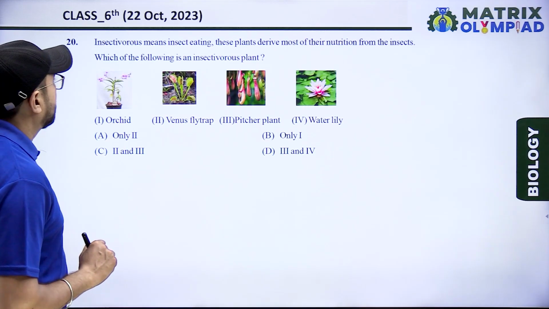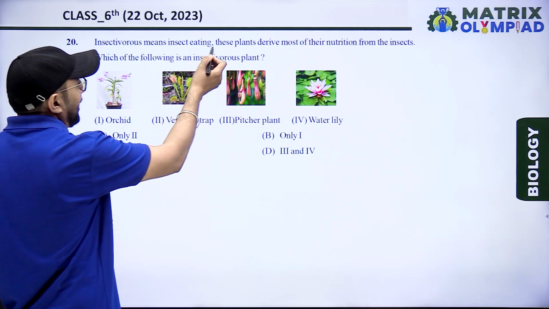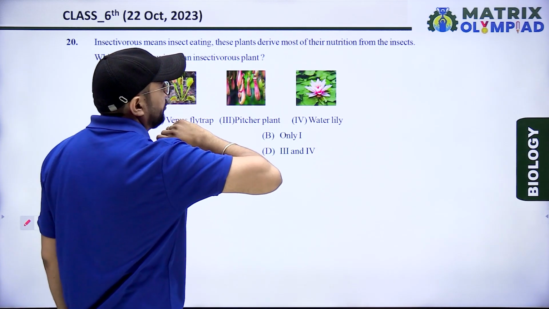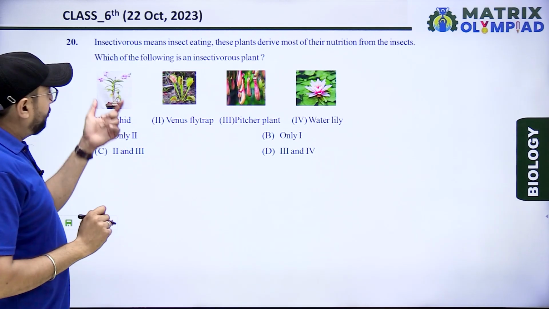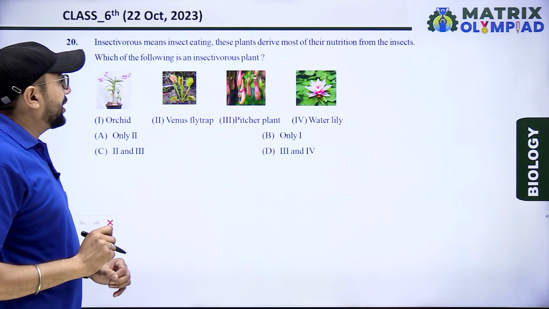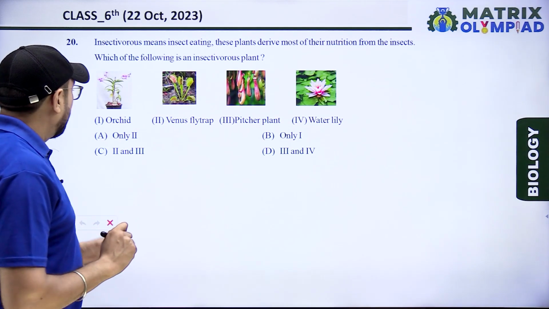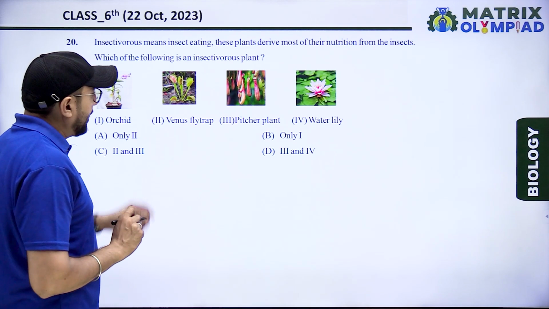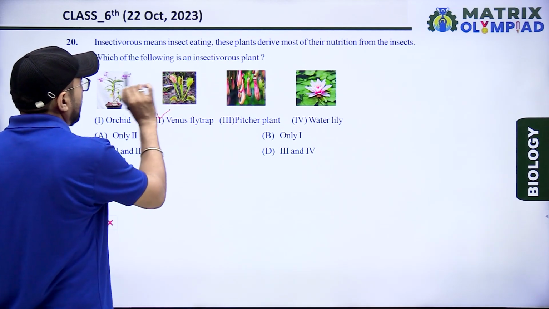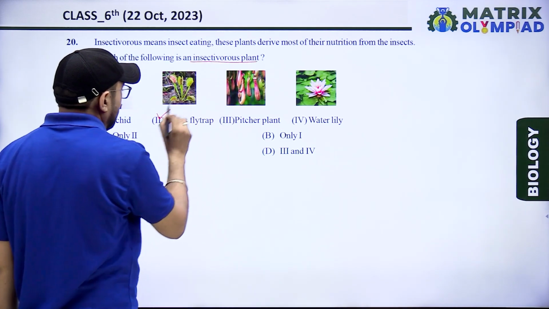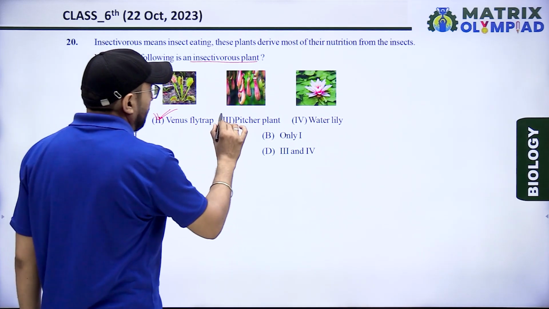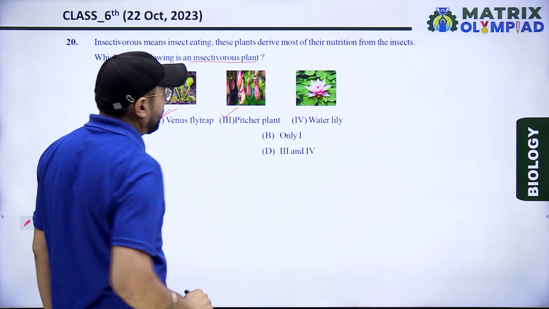Next question. Insectivorous plants eat insects. These plants derive most of their nutrition from insects. Which of the following is an insectivorous plant? Option first, orchid. Second, Venus flytrap is right for insectivorous plant. Next, pitcher plant, right, insectivorous.